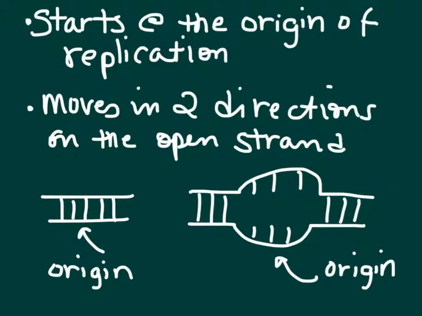Replication is going to start at the beginning. It's a good place to start, right? We start replication at the origin of replication, origin meaning beginning. And it's going to move in two different directions from that origin. So we have our original strand. I apologize. When you see DNA itself, it's pictured up and down.